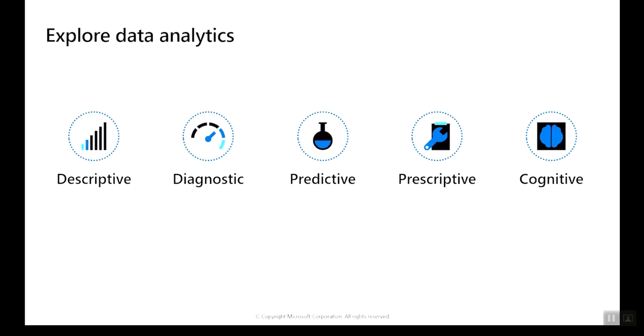With diagnostic analytics, this is really used to answer questions like, why is this happening to my business? We generally use it to help find out what the root cause of something is, why something had happened. It's really about taking the findings from descriptive analytics and diving a little deeper to find out the cause.